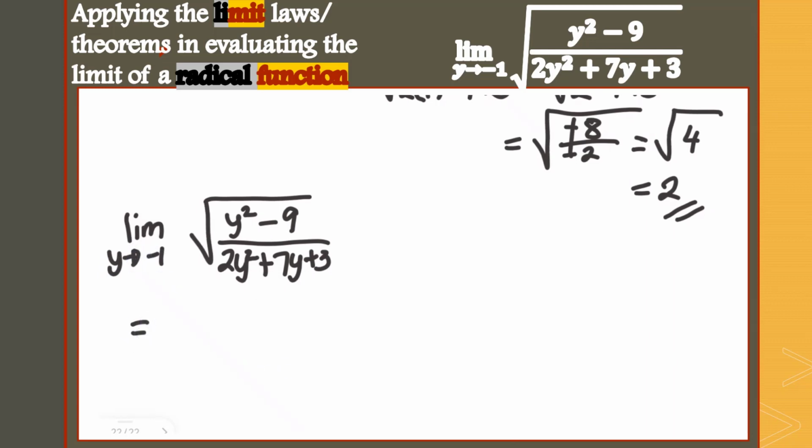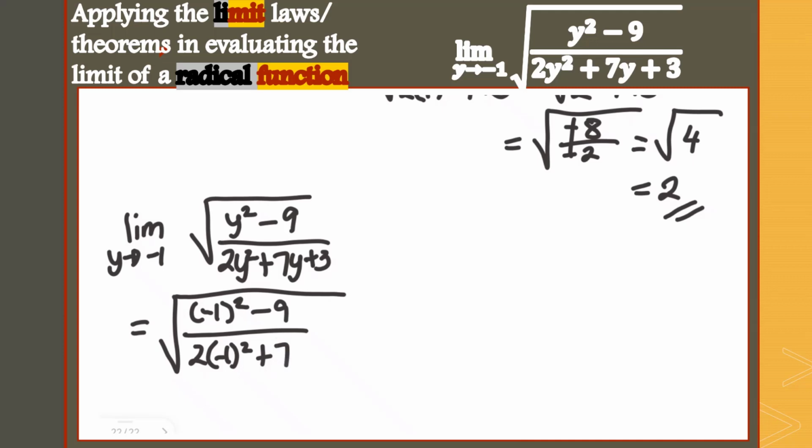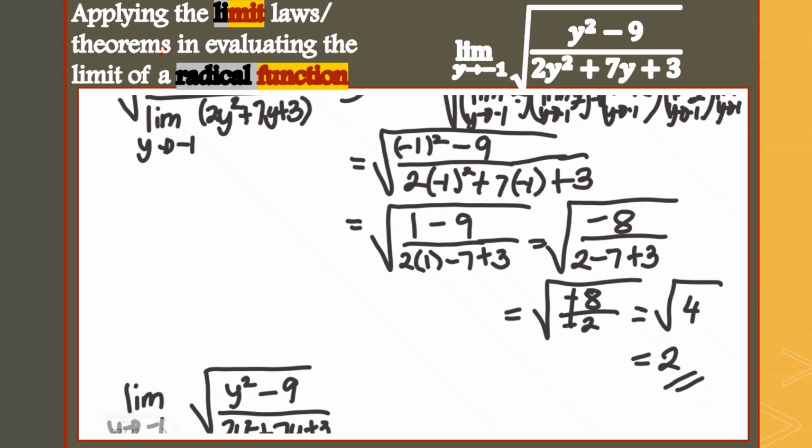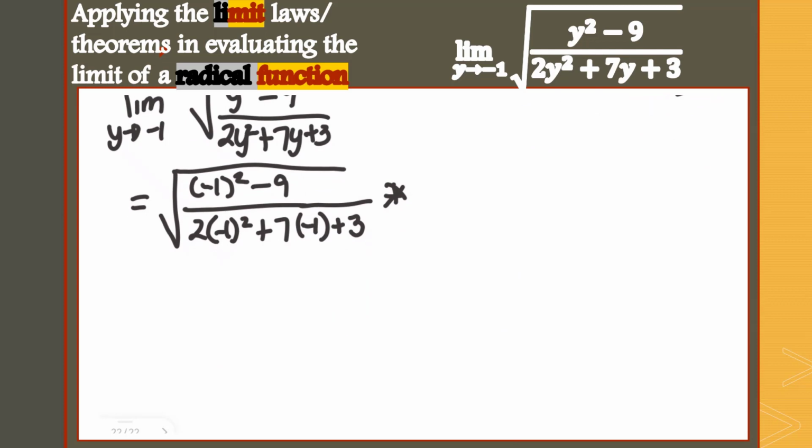So direct substitution: negative 1 squared minus 9 over 2 times negative 1 squared plus 7 times negative 1 plus 3. As you can see, this is just the same as this here, so probably we'll have the same result.